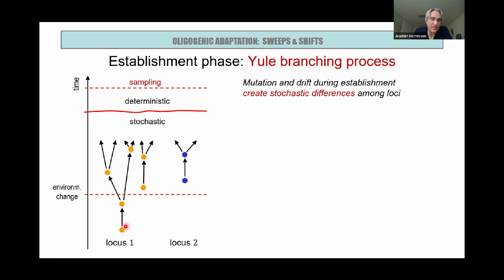So all these lines do have further offspring. There are no deaths in this Yule branching process, but it's a so-called pure birth process. And this is just to be efficient, because of course, in the end, we only need these individuals that we do see at the time of sampling. It's a bit like a coalescent process, but done forward in time and for the whole population.